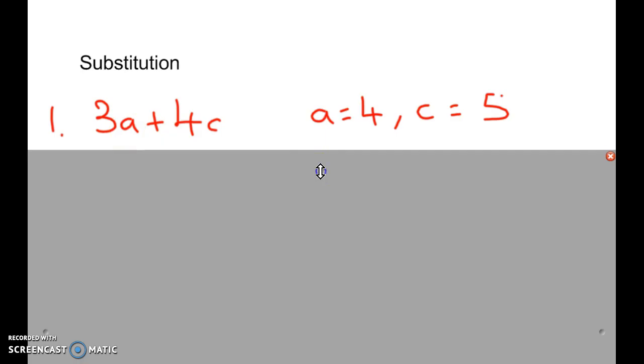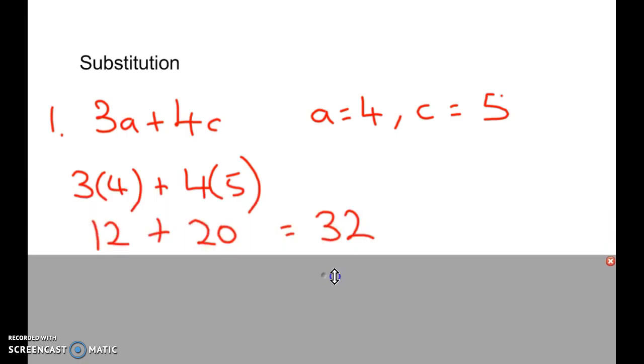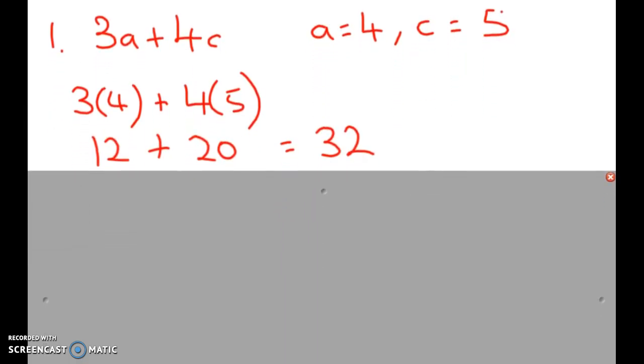So when we do the substitution, we get 3 times 4 plus 4 times 5. That's 12 plus 20 equals 32. When you substitute, all the letters disappear and you end up with a number as your answer.